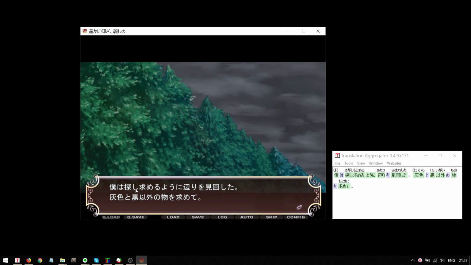So in this case, this 探し求めるように is describing the way he's doing his actions. So he looked around, not really as if, but in the manner of looking for something, or seeking something.